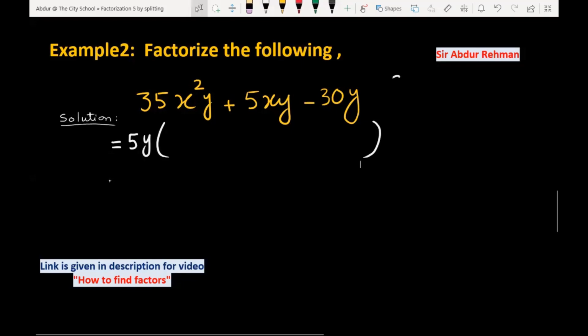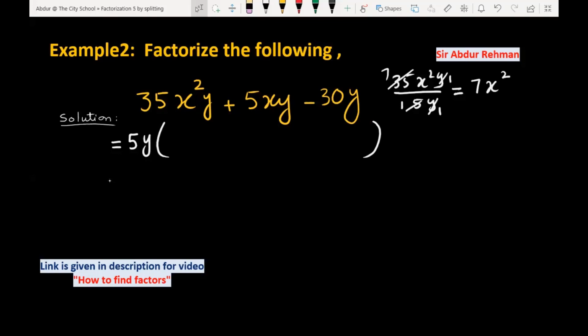So 35x square y divided by 5y: 5 sevens are 35, y by y cancels, so 7x square. First term is 7x square.